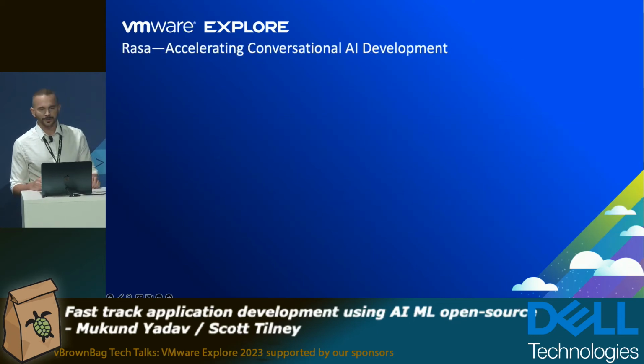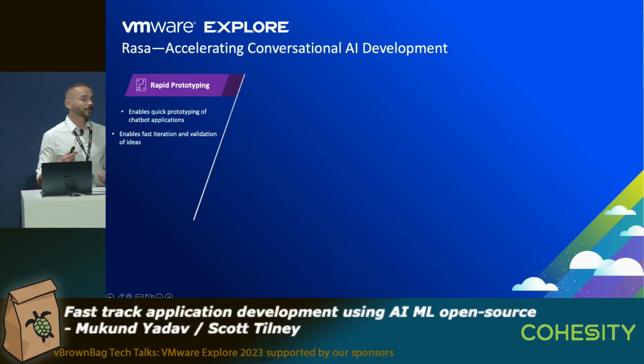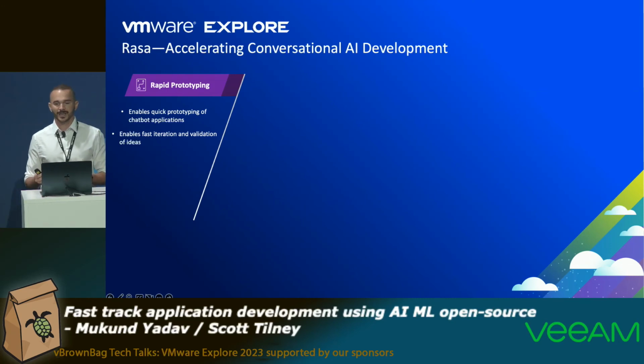The next technology I want to talk about is Rasa. Rasa is a leading open conversational AI platform for building chatbots. With Rasa, you could also do rapid prototyping. It's very easy for developers to quickly build conversational chatbots and applications where you could very quickly iterate on your ideas.